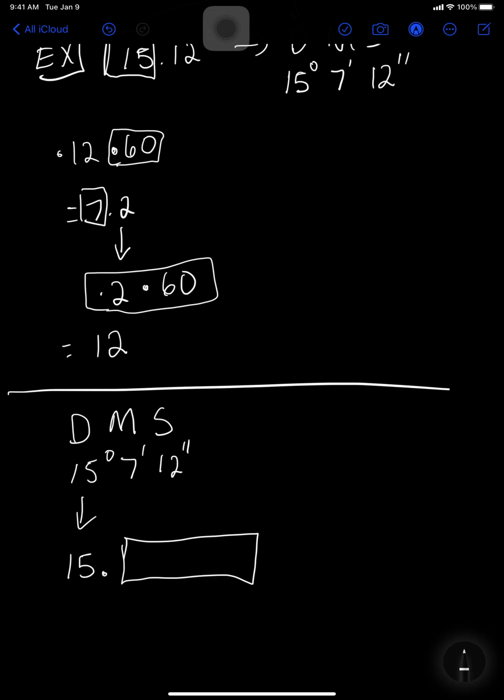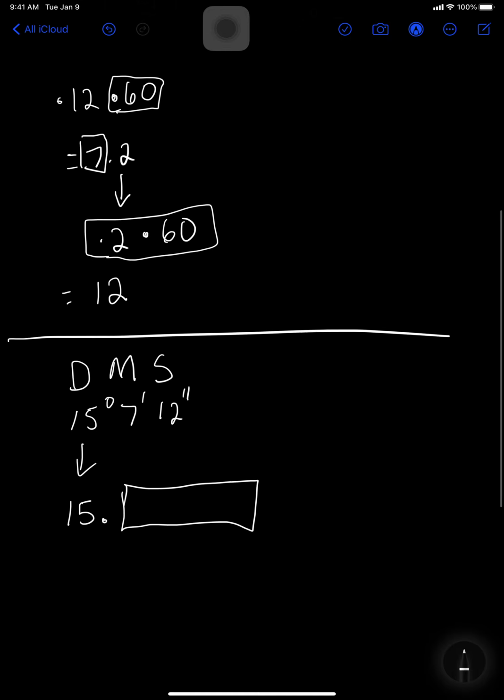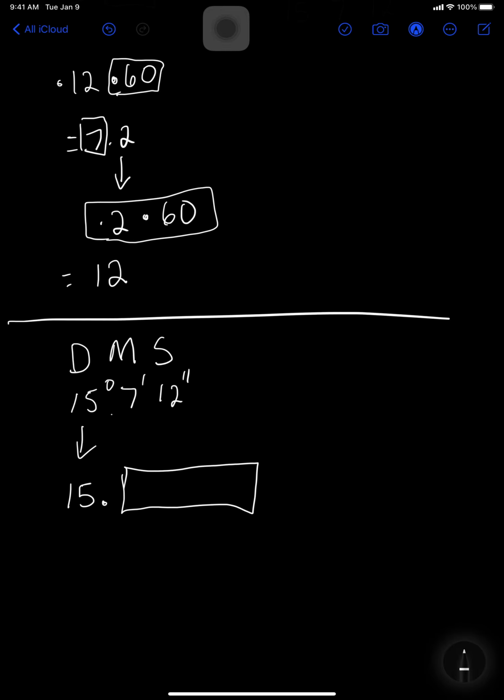The way you figure that out is by adding two answers together. You take the 7 minutes and you divide that by 60, because there are 60 minutes in 1 degree, and then you add to that the 12 seconds, but you divide that by 60 times 60.